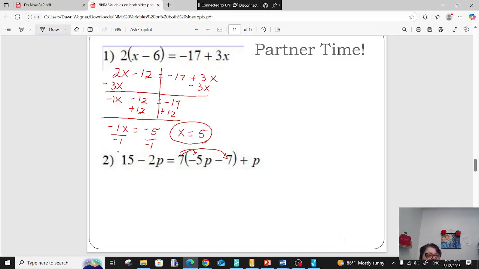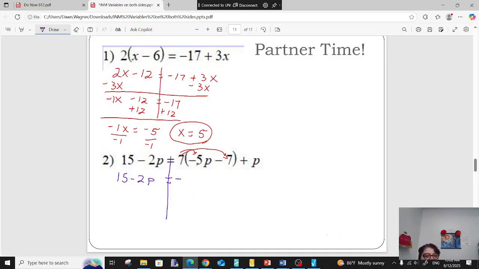There's nothing to simplify on this side of the equation, right? So this can just come straight down. It's this other side that there's a lot of stuff we have to do. We're going to distribute and then combine like terms.